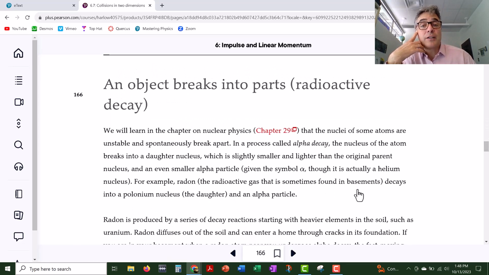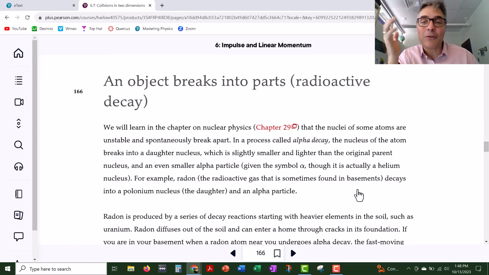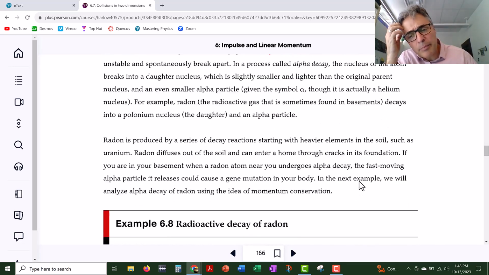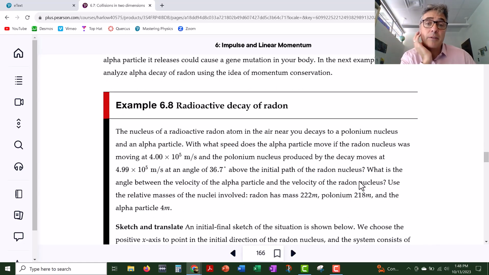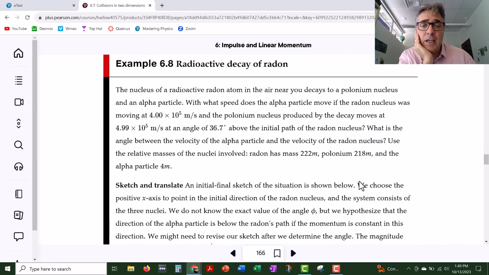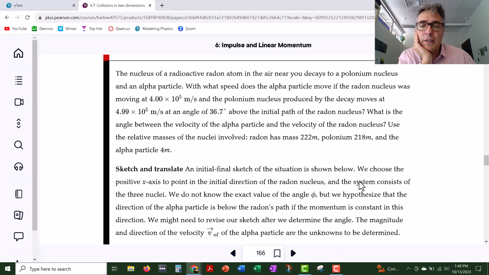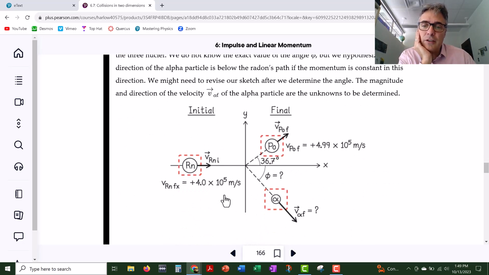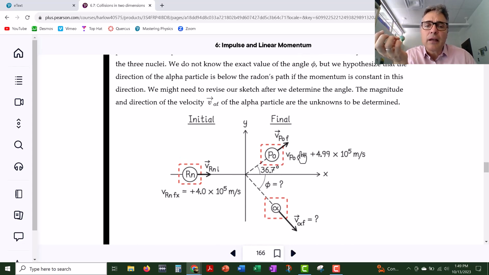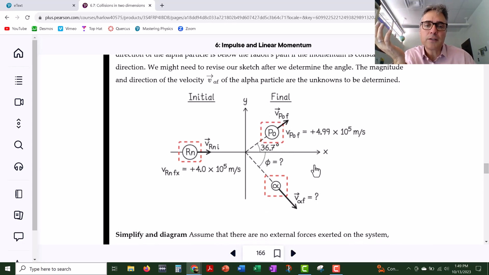Objects sometimes explode or break apart into parts. This talks about the radioactive decay of a radon nucleus. Initially you have some radon nucleus, and it'll decay into an alpha particle and a polonium nucleus.